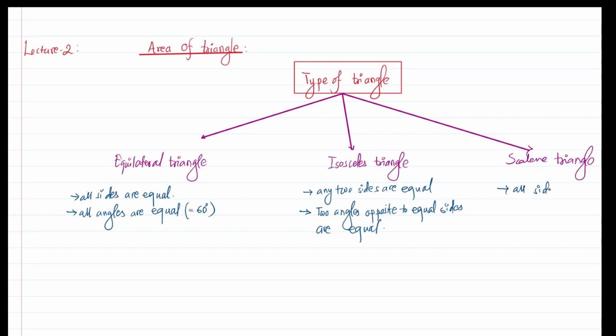In a scalene triangle, all sides have different lengths. All sides are unequal. That's why all angles are different or unequal.